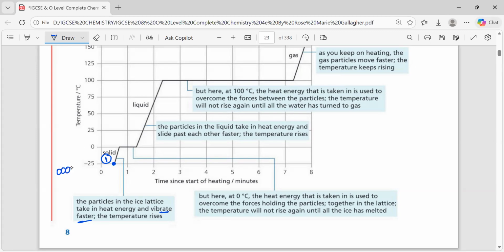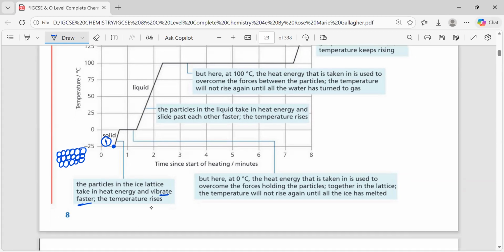So we know in a solid, what is the particle arrangement? They are closely placed like this, right? So when you take this ice outside from the refrigerator and place it in the room, this ice will absorb some heat from the room, because the room temperature is normally 25 degrees Celsius.